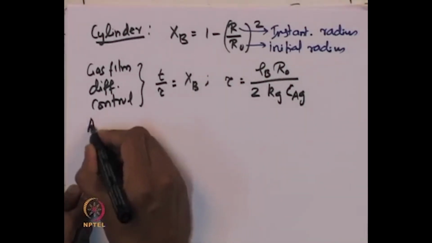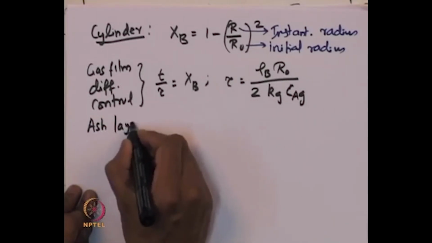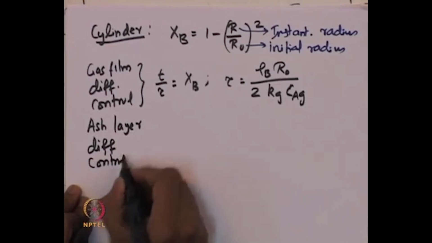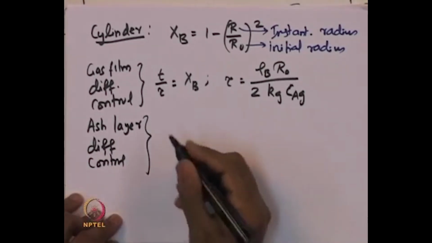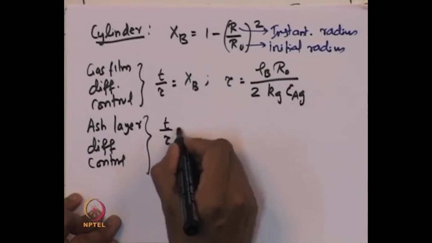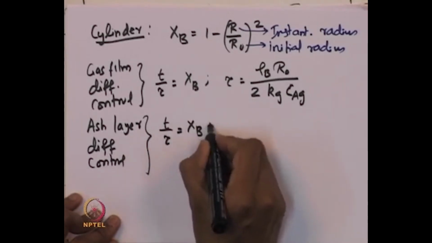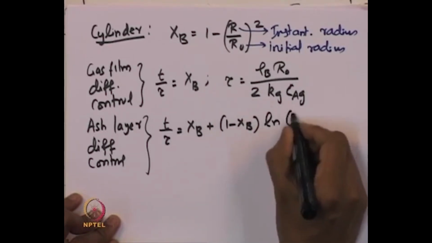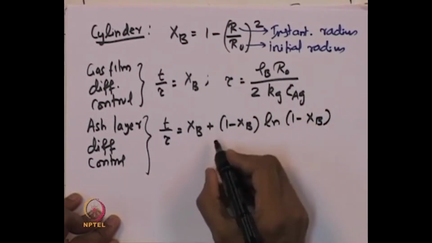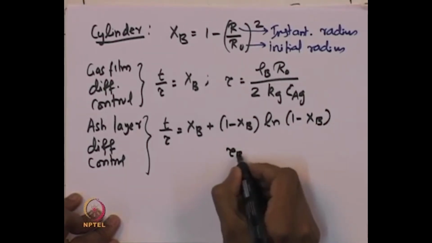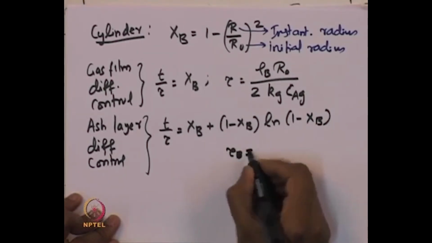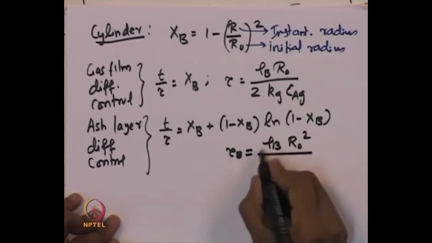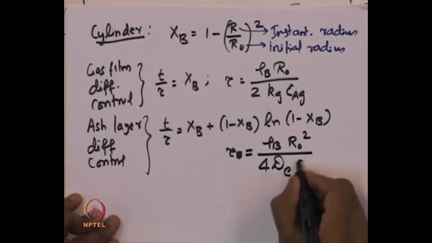And if it is ash layer diffusion control, then t by tau is given by Xb plus (1 minus Xb) multiplied by the natural logarithm of (1 minus Xb), where tau is the time for total conversion, given by rho b times r naught squared divided by 4 times De times CAG.